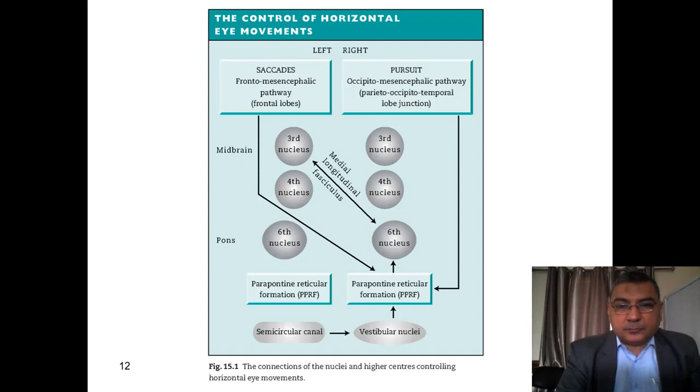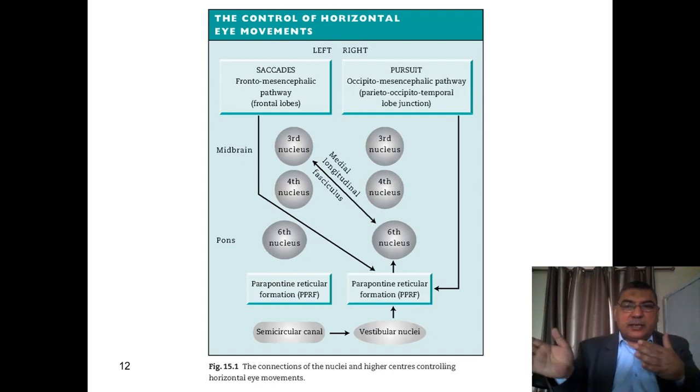Also, the action of these nuclei is synchronized by another supranuclear control, which is the gaze centers. We have the horizontal gaze center, which gives impulses, for example, if you have right gaze, to the right lateral rectus and to the left medial rectus at the same time.